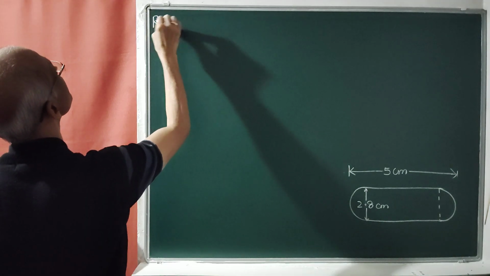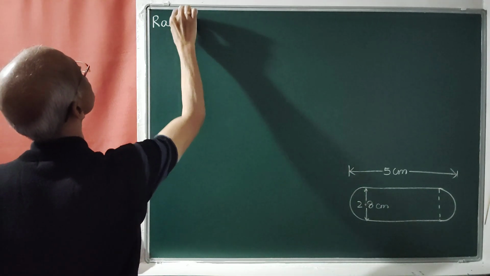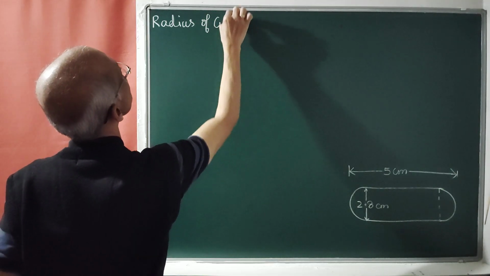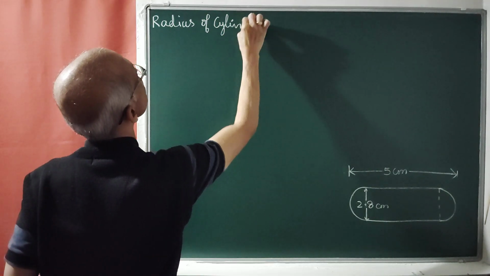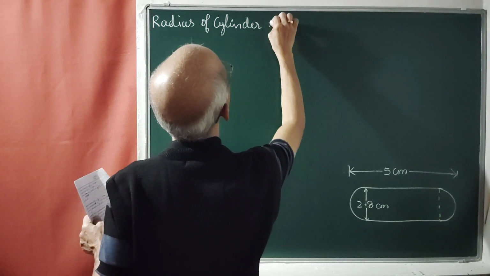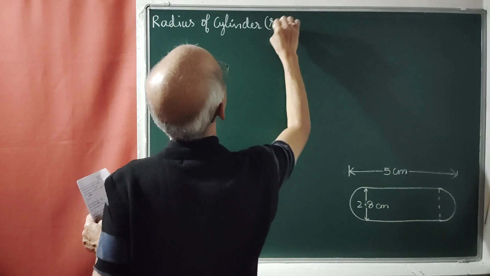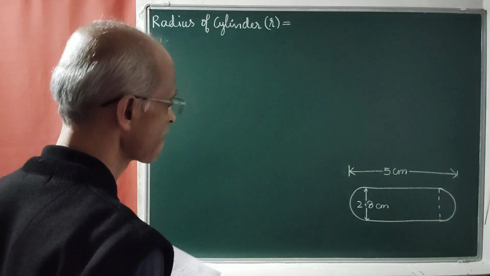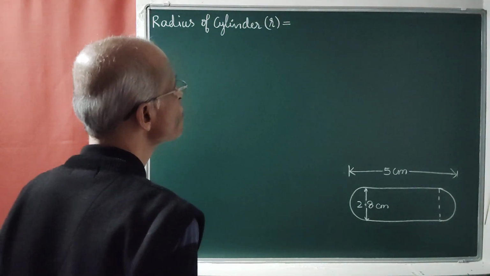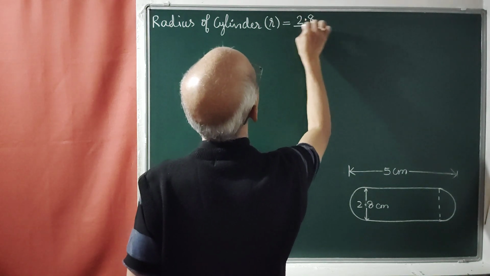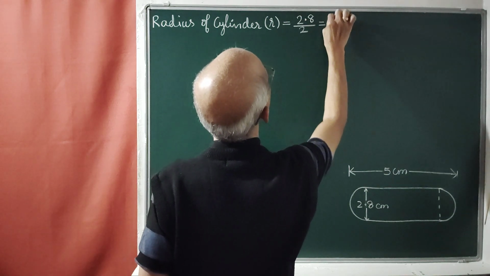Radius of cylinder, r equal to 2.8 divided by 2. That is 1.4.